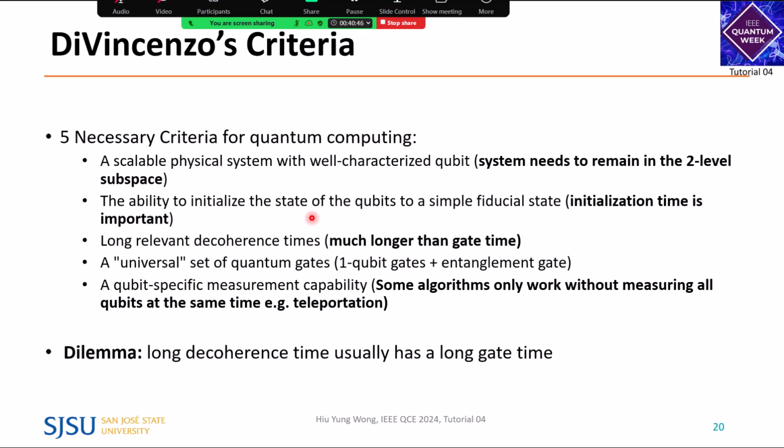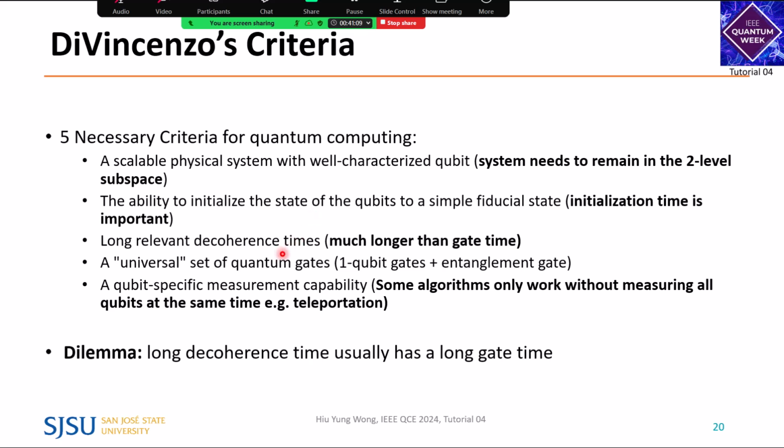Right? This is, again, not trivial. And also fast, because we might need to initialize it 1 million times throughout a big algorithm. And if you take 1 second to initialize, then you take 1 million seconds just for the initialization part. Then your quantum algorithm is not giving any advantage, right?